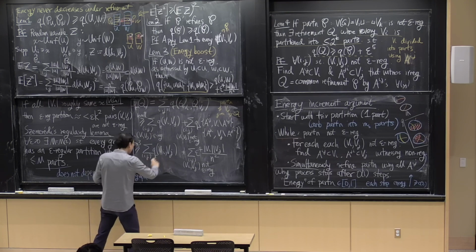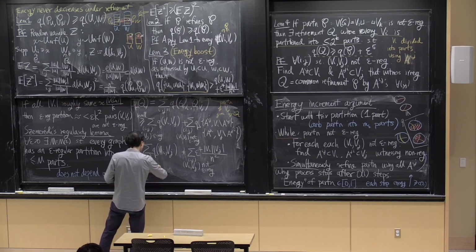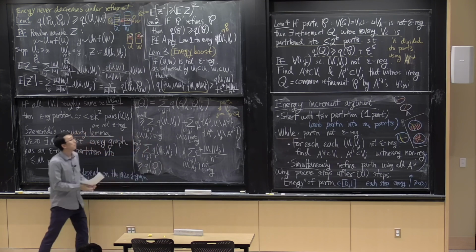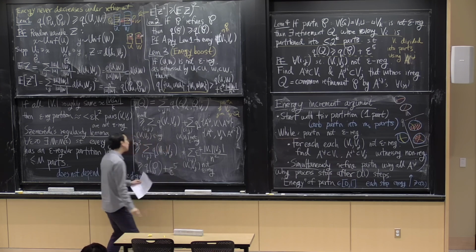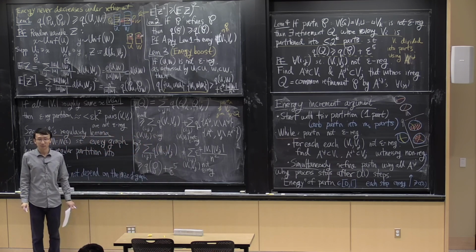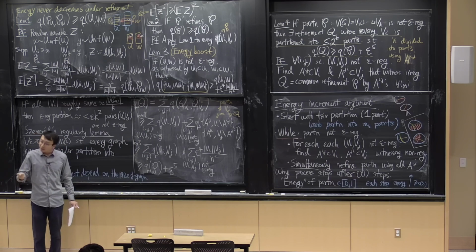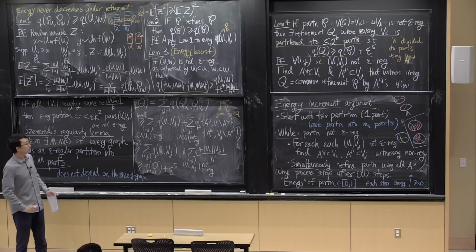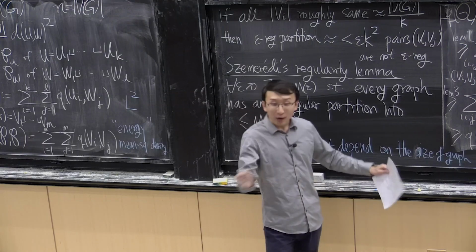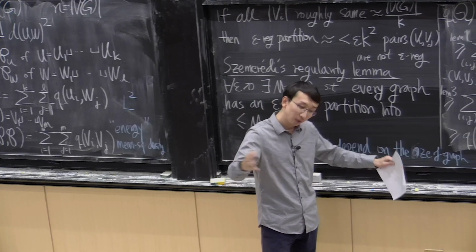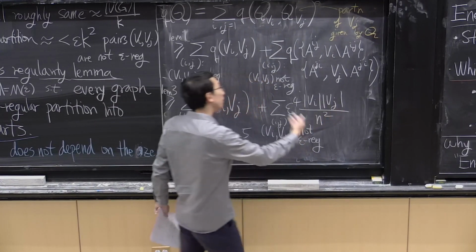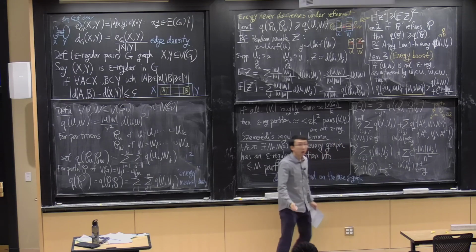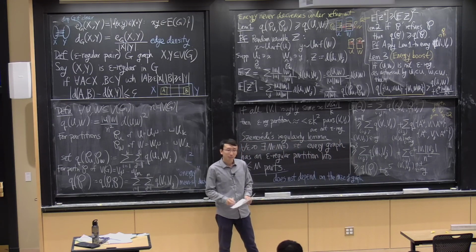The first sum here is by definition Q of the partition P. And the second sum by the definition of epsilon regular is at least epsilon to the power 5. So here we're using the definition of epsilon regular partition, namely that a large fraction, so at least an epsilon fraction, basically of pairs of vertex sets are not epsilon regular, but in this weighted sense.